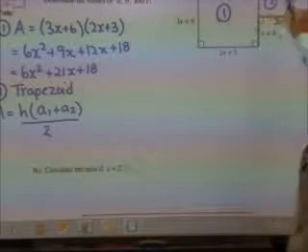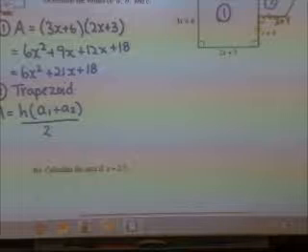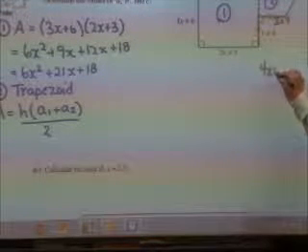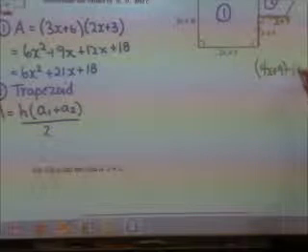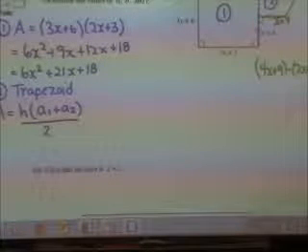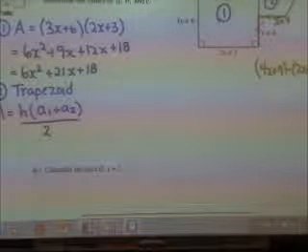I also need to find out what this measurement here is. How can I find that one out? Subtract 2x plus 3 from 4x plus 9. So 4x plus 9 minus 2x plus 3. What do I get? 2x plus 6. Okay?